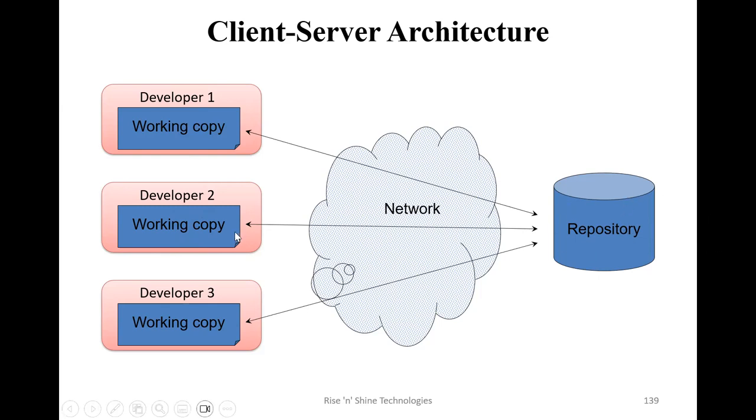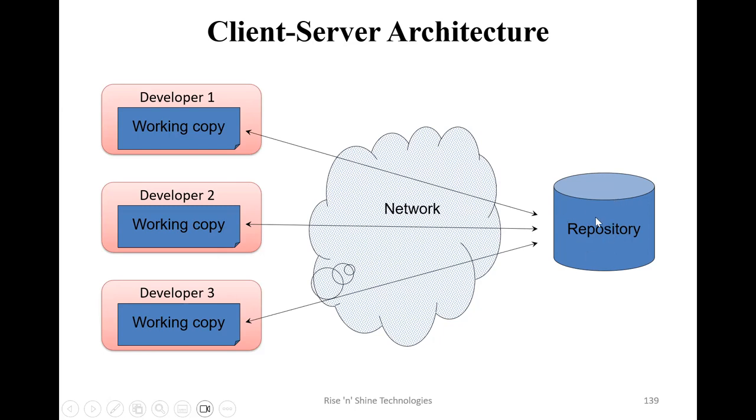But in the working copy, there are only the implementation files. Suppose I'm implementing Java files, so I will have only Java files, but the Java files' history is not in the working copy. The history and complete tracking information are in the repository, but the developer system does not have a repository, only the central server does.